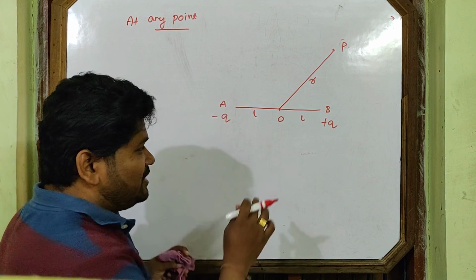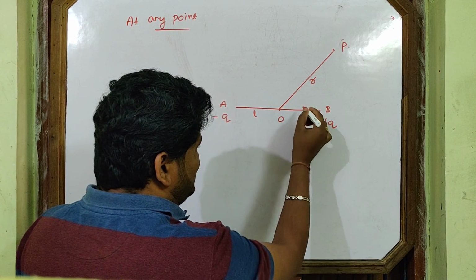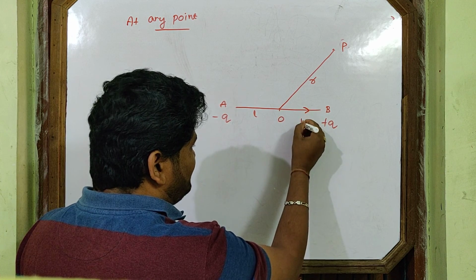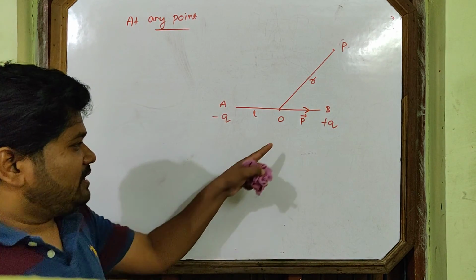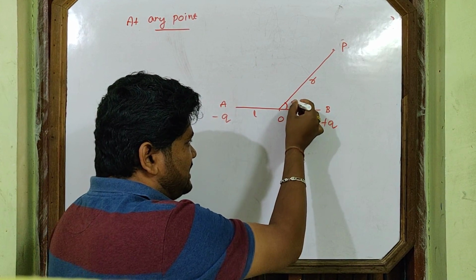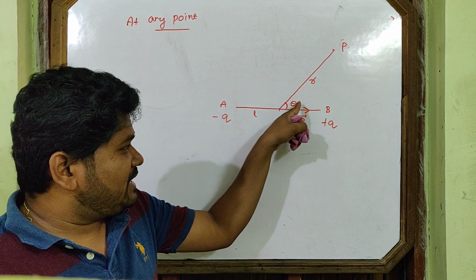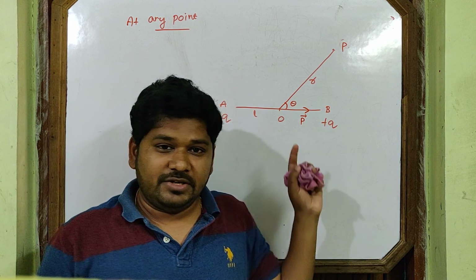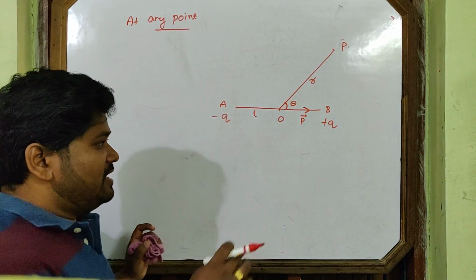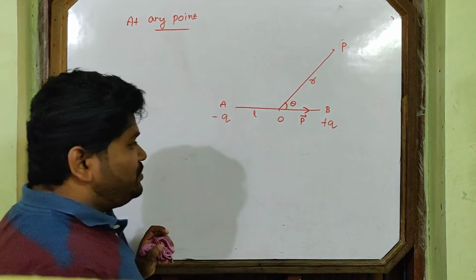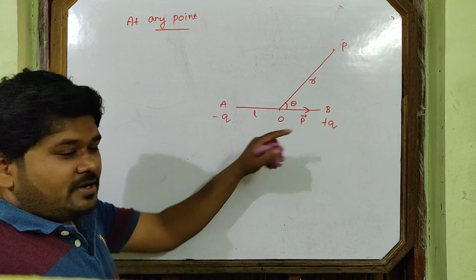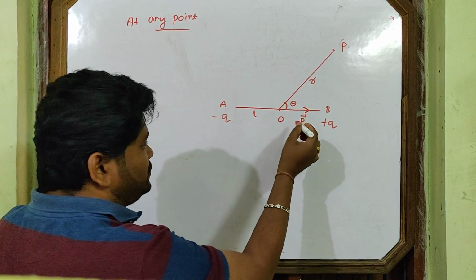What to do here? See, this is the direction of the dipole moment, p vector. The angle is theta. This is given: P is any point at a distance r, making an angle theta with the dipole moment. Let's split the dipole into two parts. The dipole moment is divided into two components.